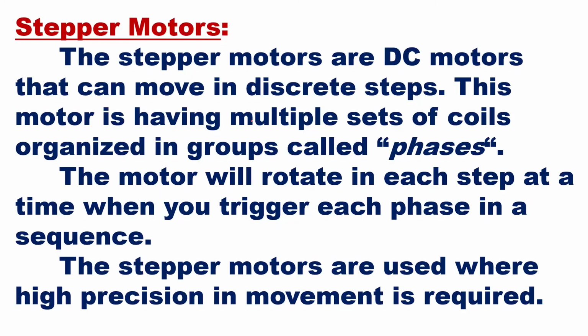Then we'll go on to see what stepper motors are. Stepper motors are DC motors that can move in discrete steps. This motor has multiple sets of coils organized in groups called phases. The motor will rotate one step at a time when you trigger each phase in a sequence. Stepper motors are used where high precision in movement is required.